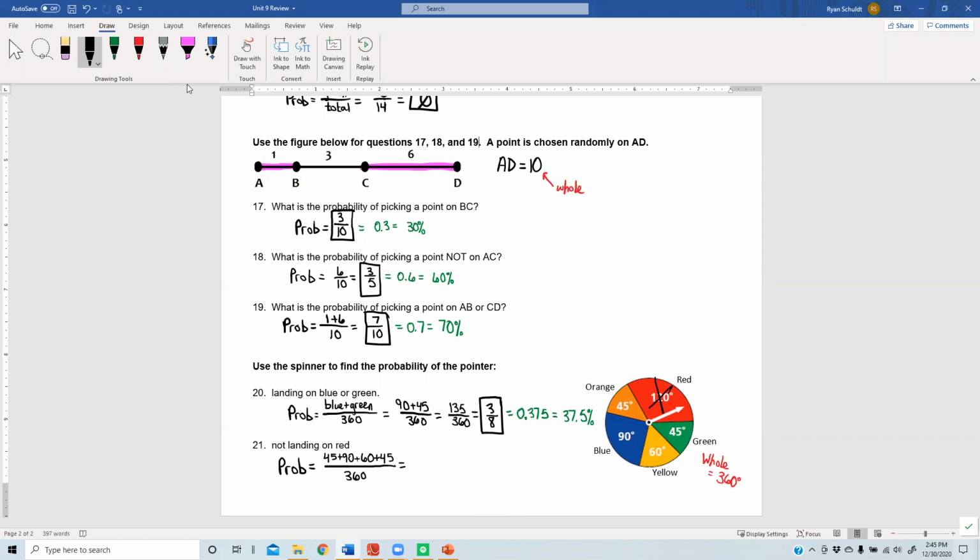If you add all these up, you should get to 240 over 360, which I can tell you right now, this will reduce to 2/3. If you don't believe me, try it on the calculator. 2/3. Now, as a decimal, it's going to be 0.6667, which is 66.67%.